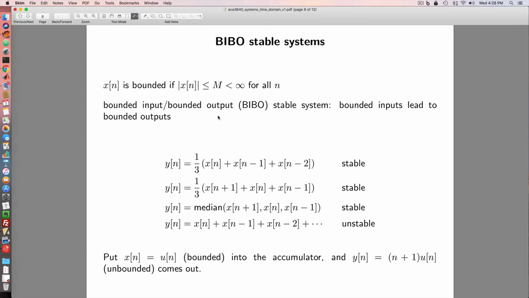The unit step function is a bounded signal. A system is said to be bounded input, bounded output stable, or we'll usually just simply say it's a stable system, if the output is bounded whenever the input is bounded.